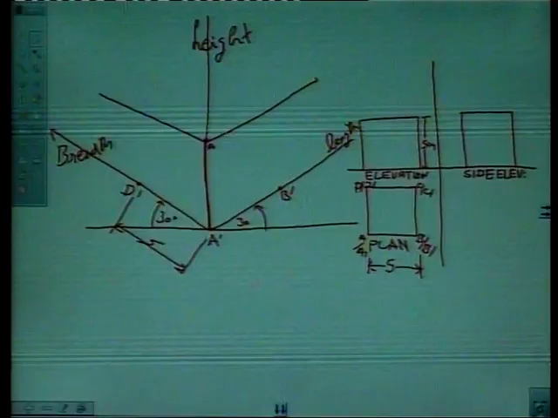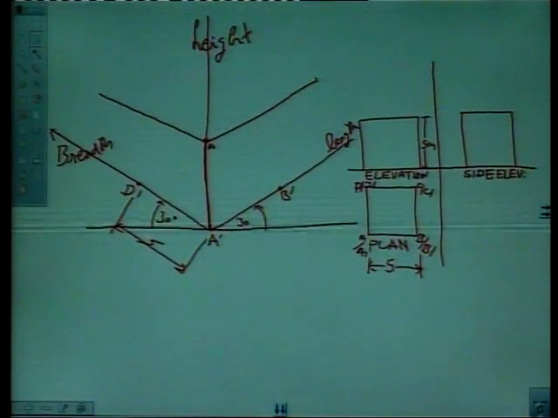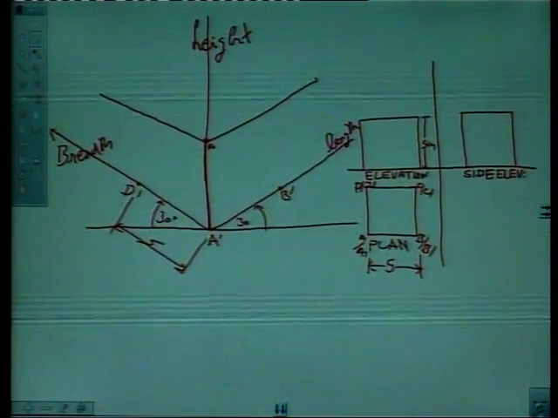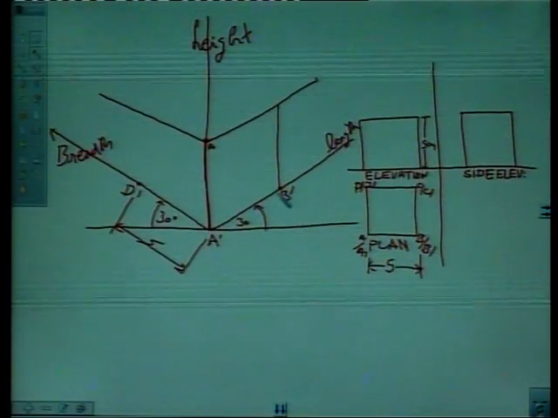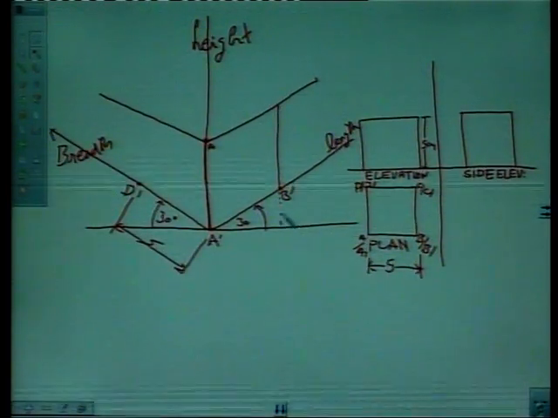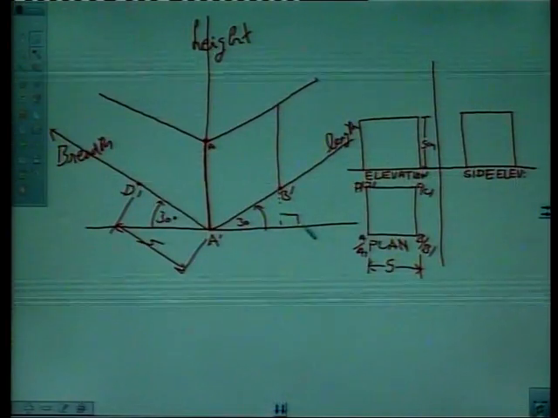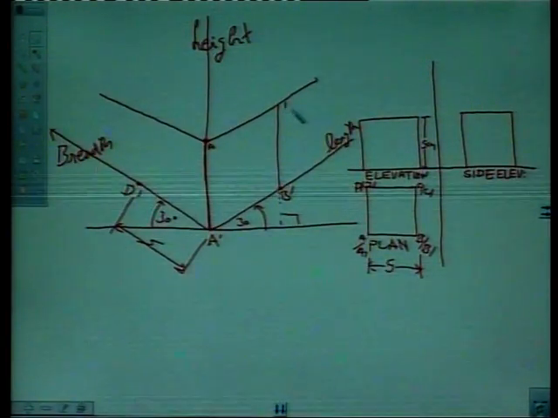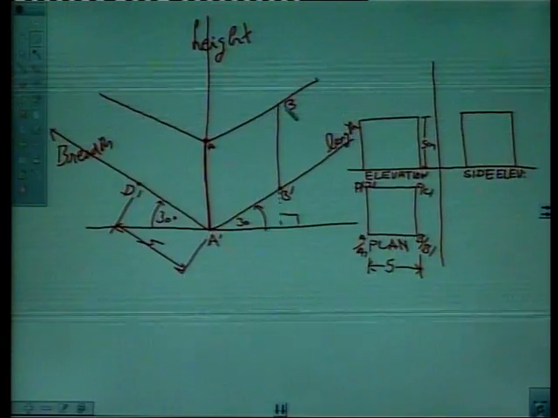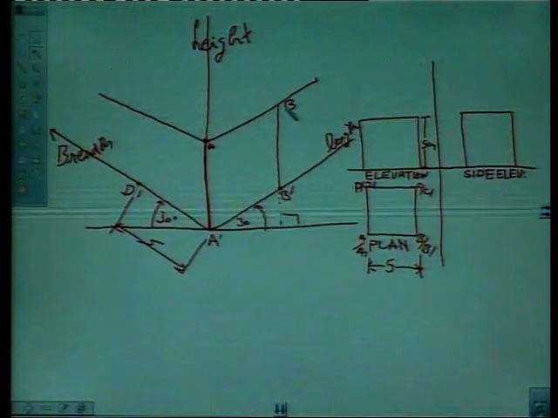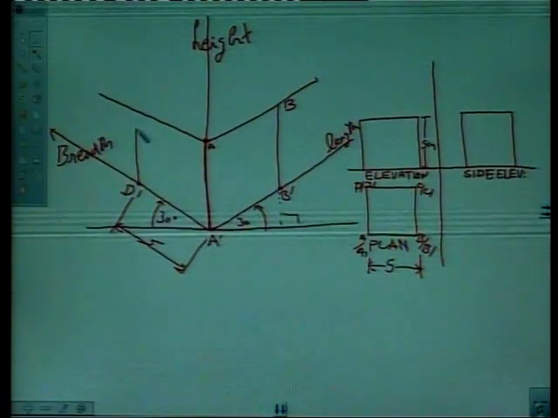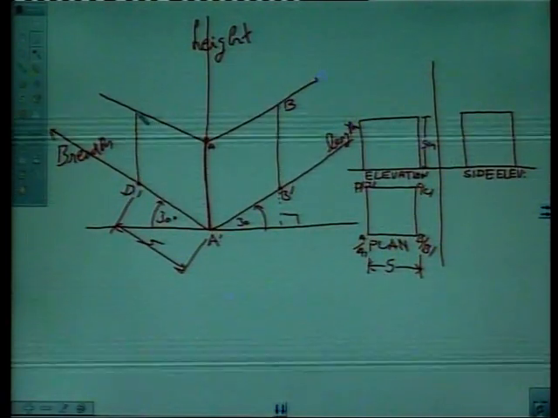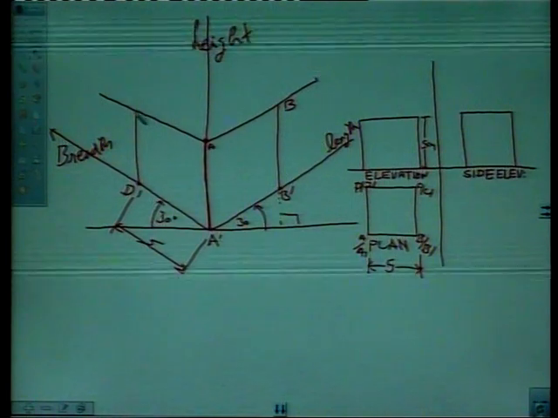Now here we have A and A dash. From B, draw a line like this, straight. This line is basically perpendicular to this line. This B dash is a perpendicular line, right? From D also draw a perpendicular, or take a line straight vertically up. This will give us D.